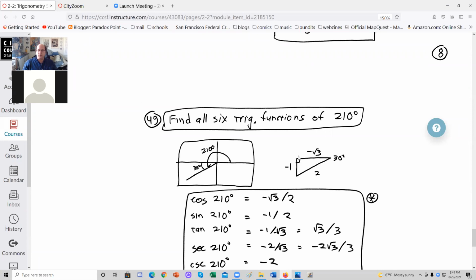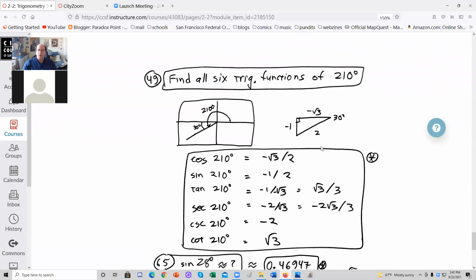Adjacent side is minus root 3 because it's left, third quadrant. So here we go. Cosine is adjacent over hypotenuse, minus root 3 over 2. Sine is opposite over hypotenuse, minus 1 over 2. And tangent is opposite over adjacent, -1 over -root 3, after canceling some negatives. And rationalizing, you get root 3 divided by 3.